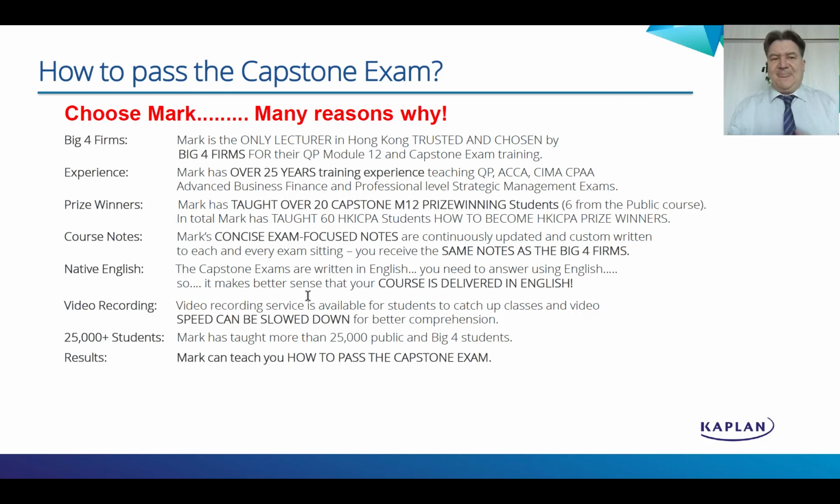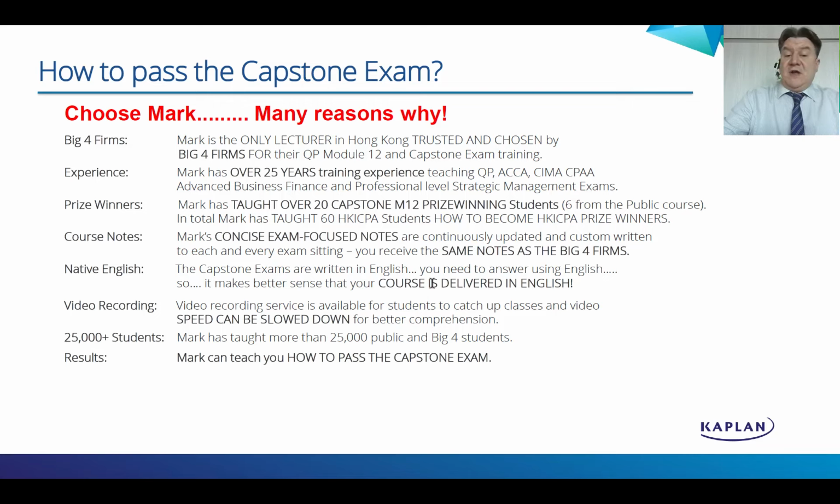What do I say? Well, I say, of course, choose me for your QP Module 12. Why? Well, there's 8 reasons why. The Big Four do. Why do you think the Big Four choose me? I've got the experience over 25 years. There's the results, the prize-winning students I mentioned about earlier. You only get my notes on my course, the same as what the Big Four get.